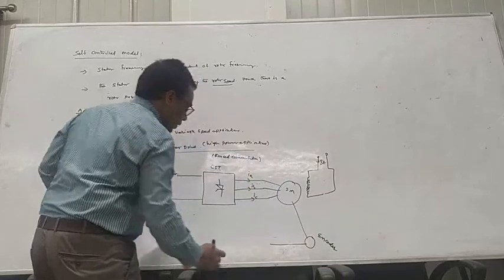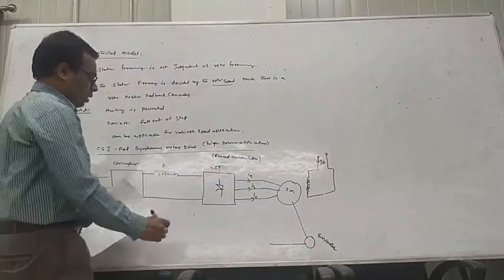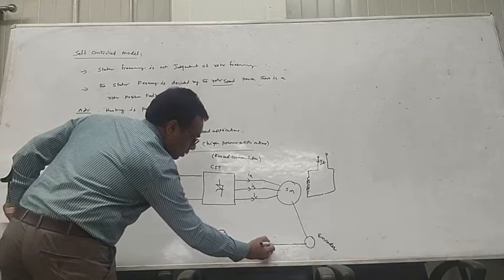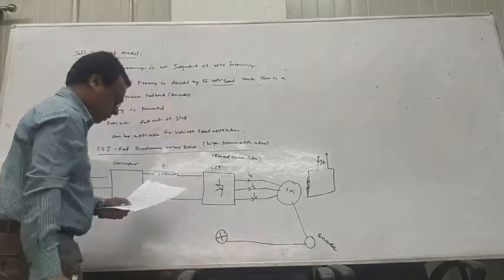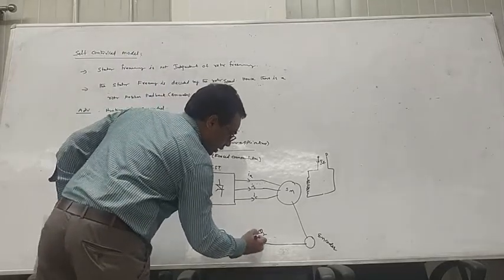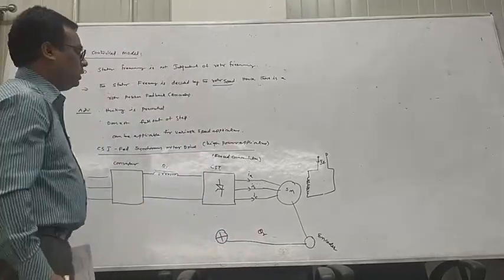This encoder gives the angle theta r. What is the meaning of theta r?